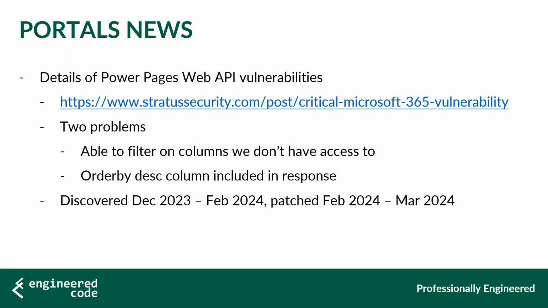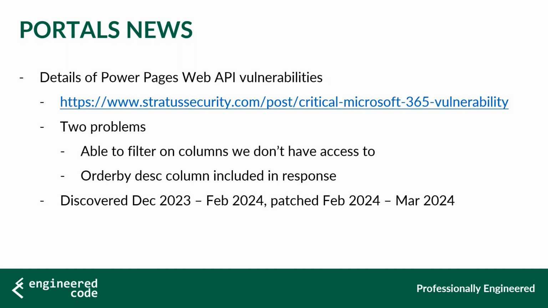So the first one was the ability to filter on columns that we didn't have access to. When you were executing an OData query with the filter syntax, you could filter on a column that you didn't have access to. That didn't mean the data was in the response.